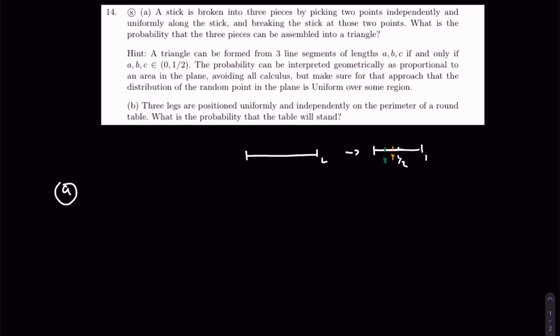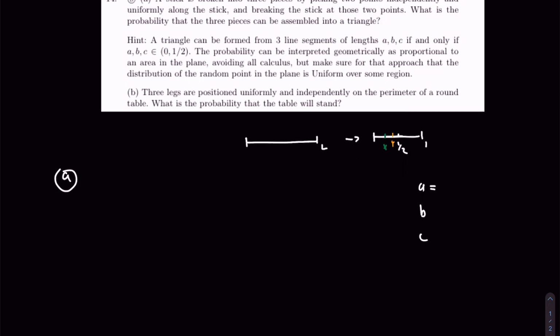Let's write down what the length of these segments A, B, and C is. Let's call A wherever x lands. And now, most importantly, we're assuming that x is less than y.